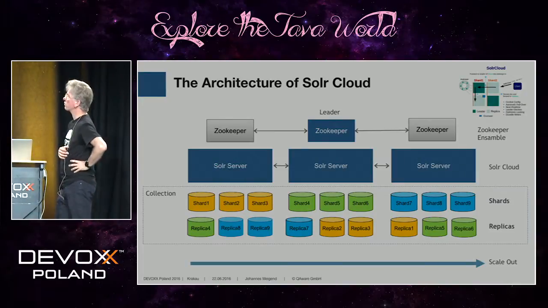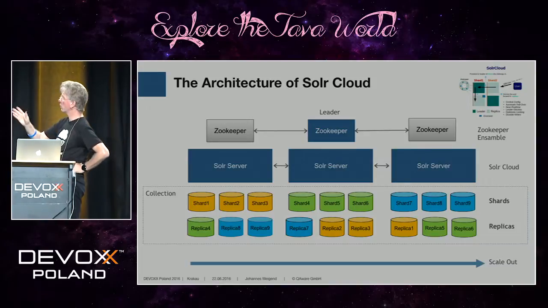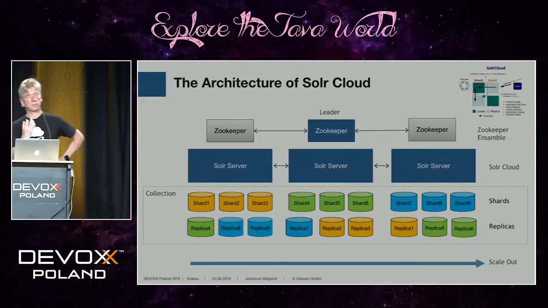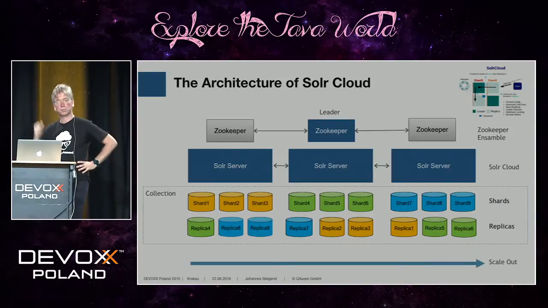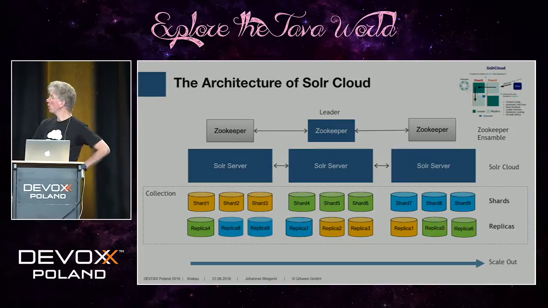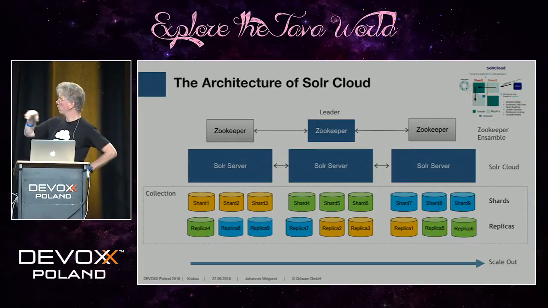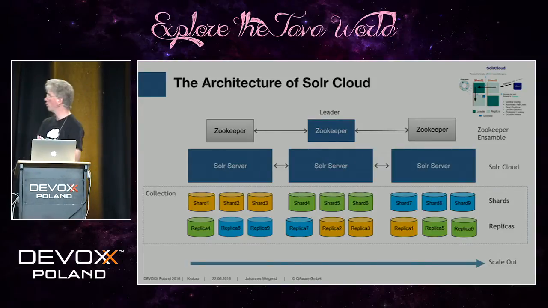That is an interesting slide, I think, that should be well understood. You have the Solr Cloud, which consists of several servers, and the server configuration is in Zookeeper on the top. Normally the Zookeeper has one leader elected. That's typical Zookeeper behavior.